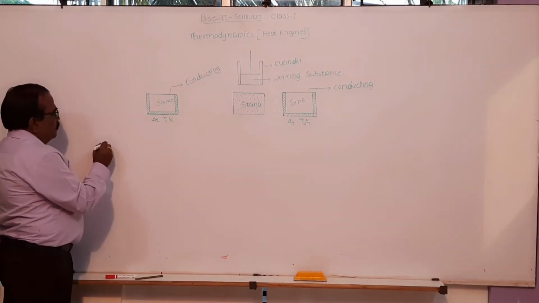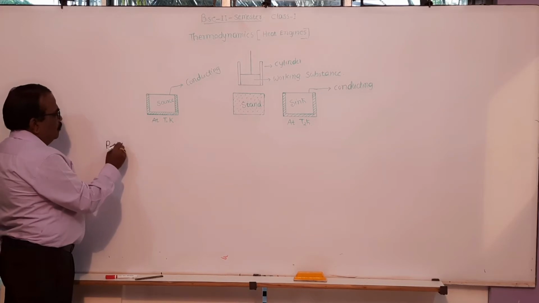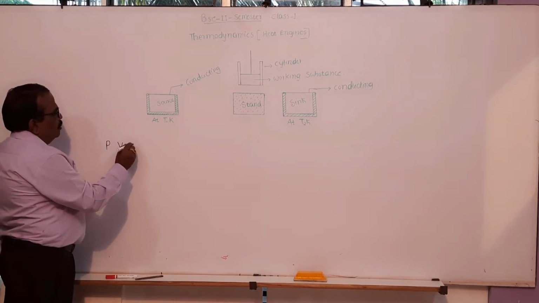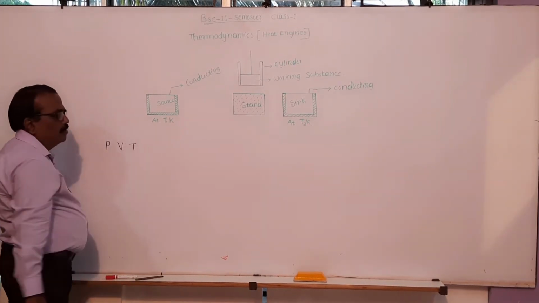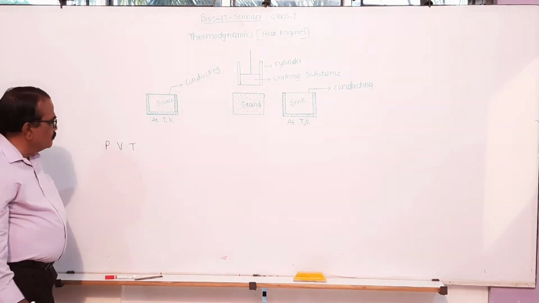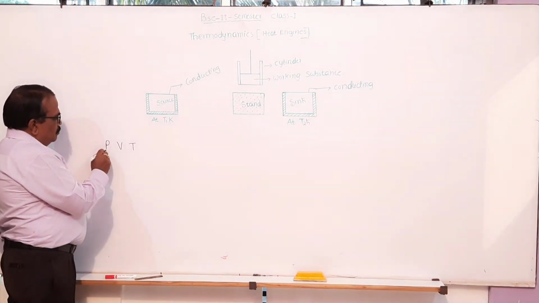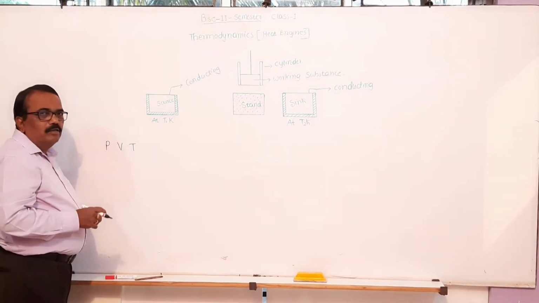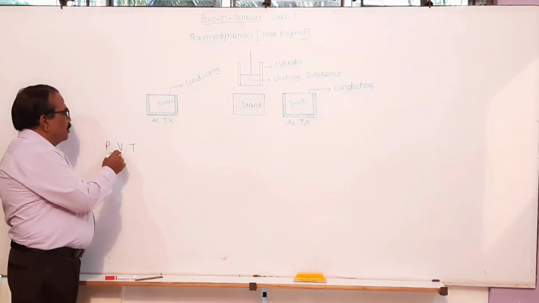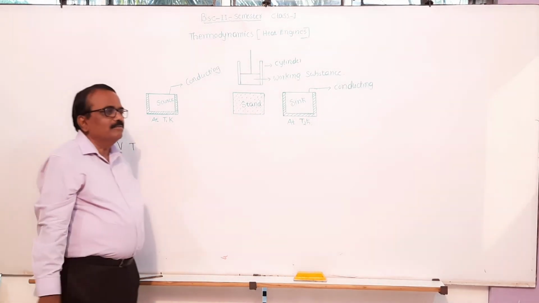We have studied somewhere P, V, and T. They are thermodynamic coordinates. Thermodynamic coordinates means what? P is pressure, V is volume, T is temperature.